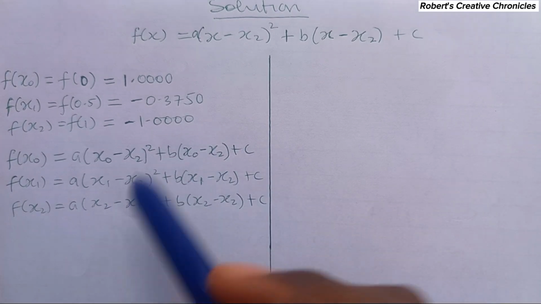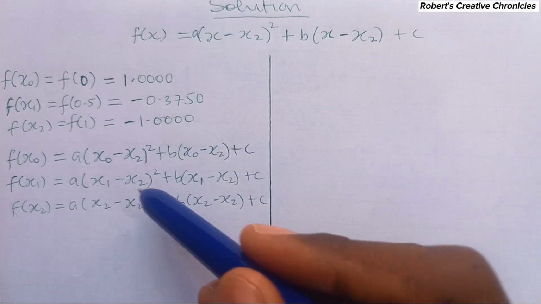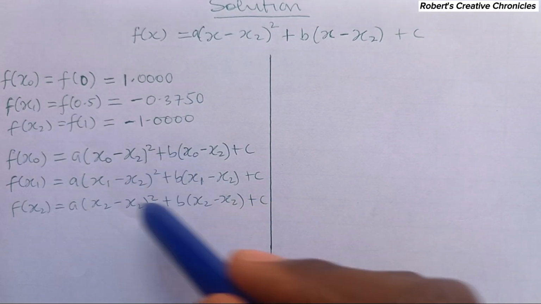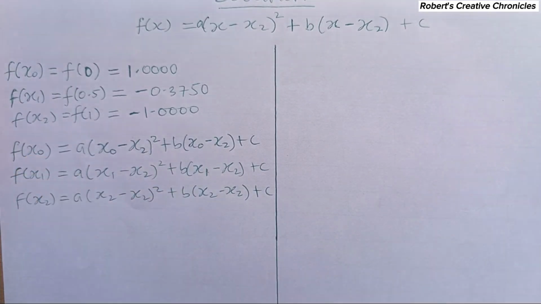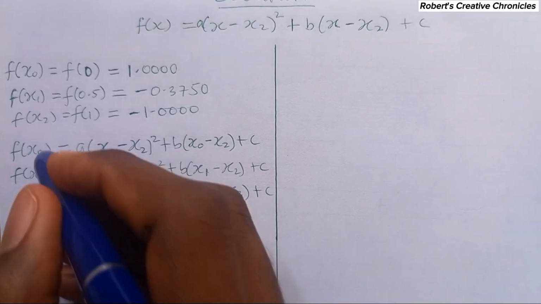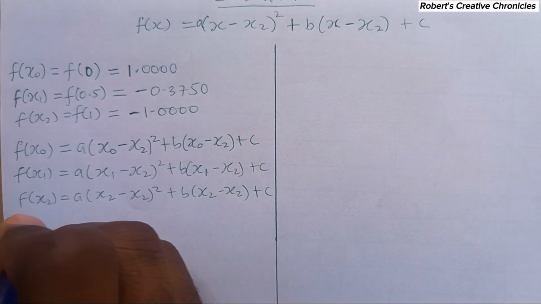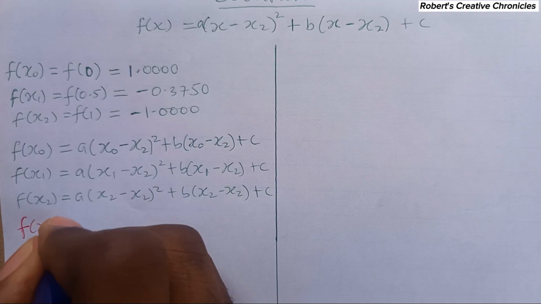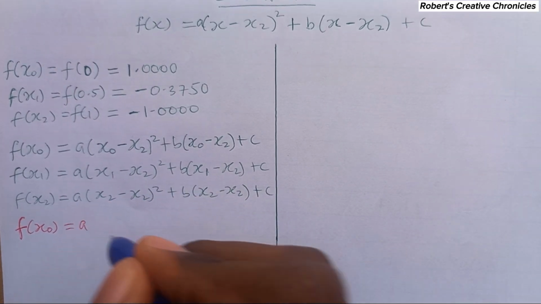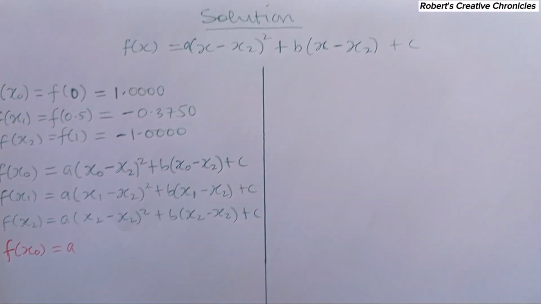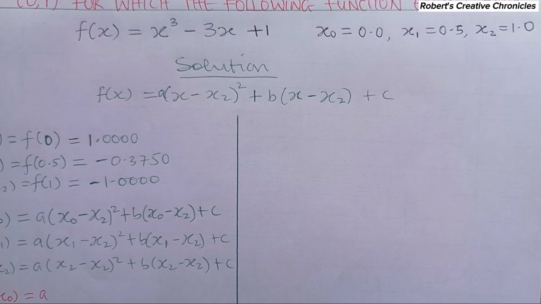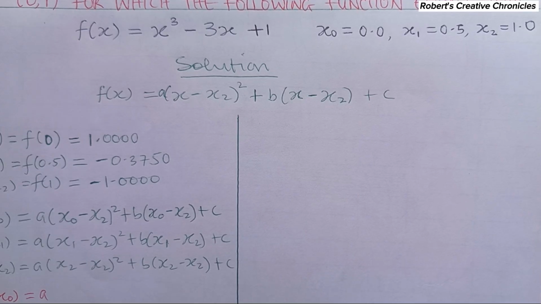So now we can substitute x0, x1 and x2 into these equations. x0 is 0, x1 is 0.5 and x2 is 1.